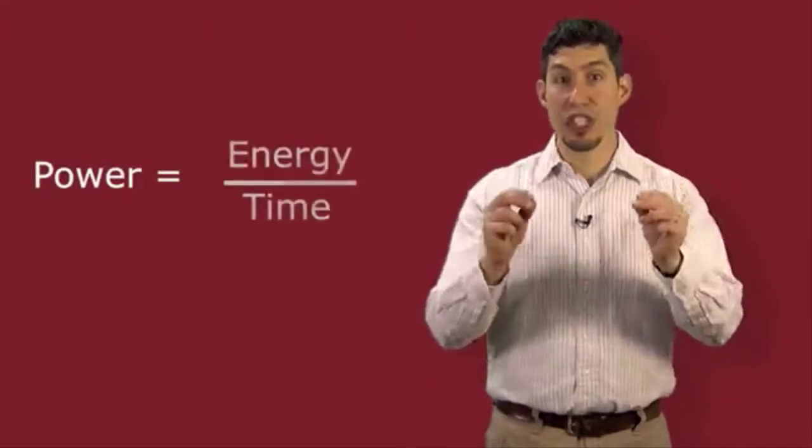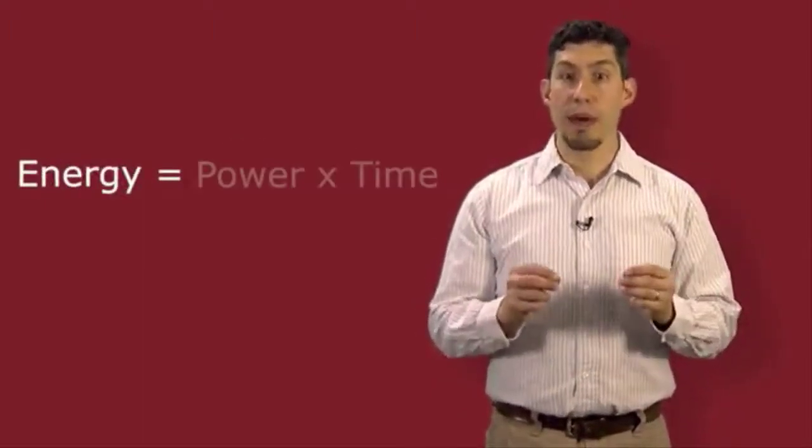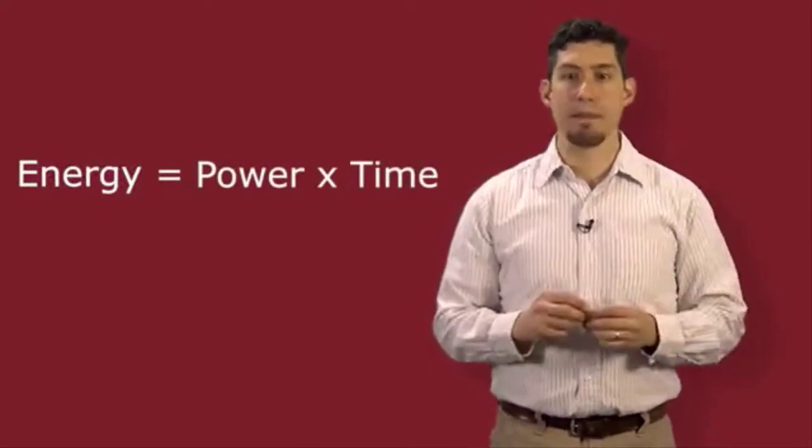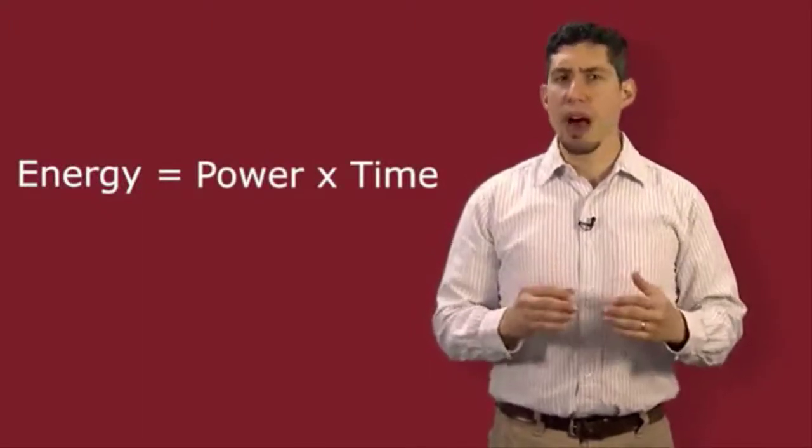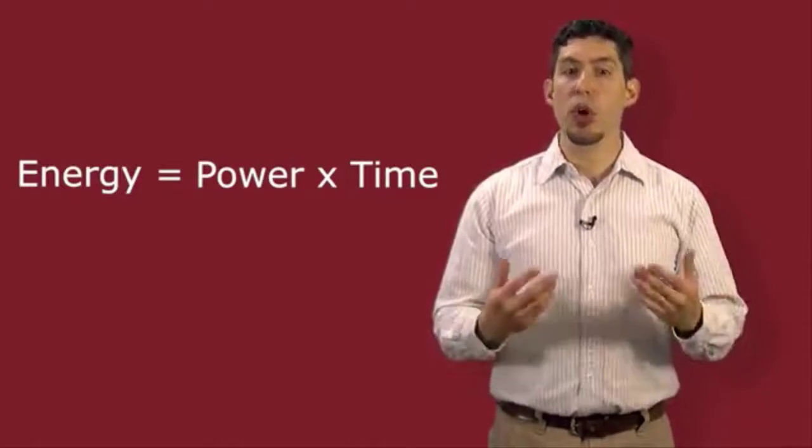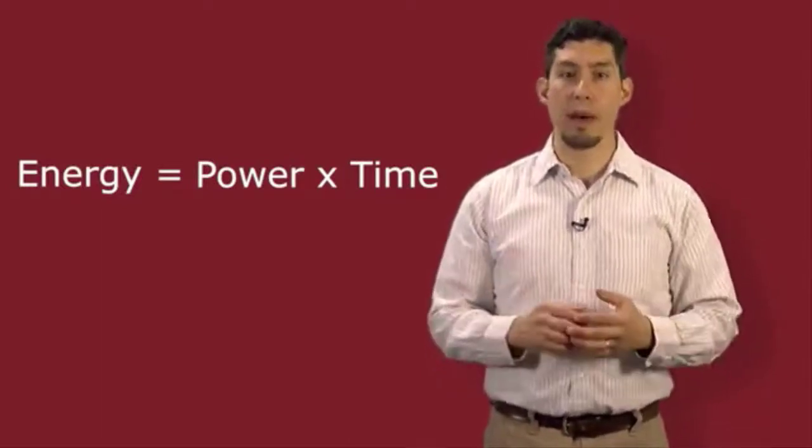Now let's look at what power has to do with energy. Well, as we just saw, power is defined as energy divided by time. So energy is power multiplied by time. Energy includes how long a device is being used or how long it's producing power.